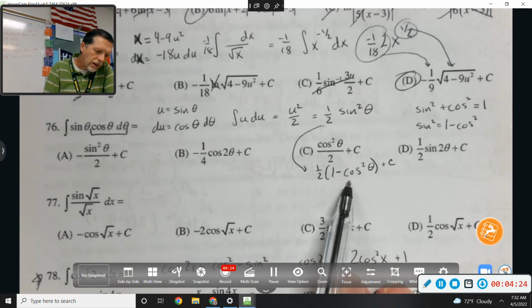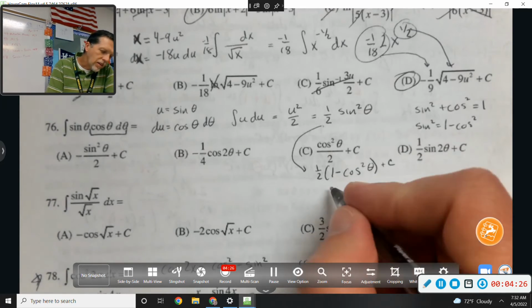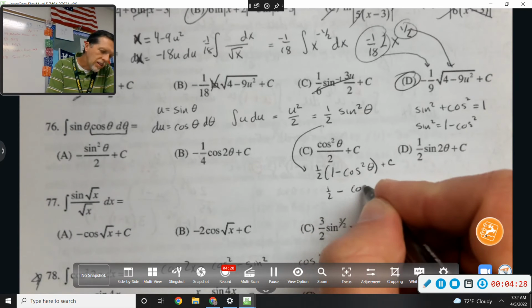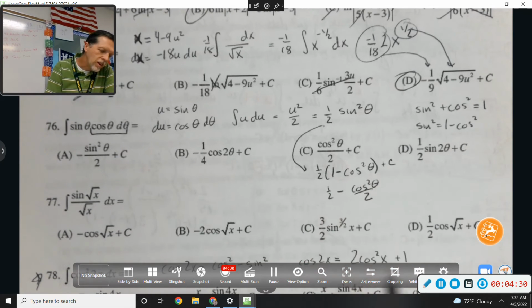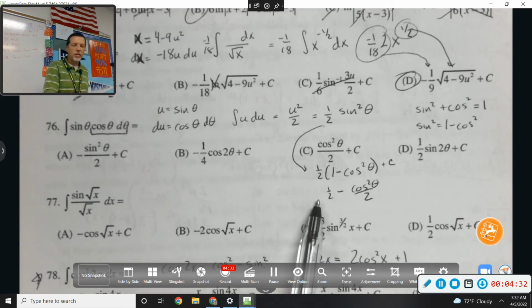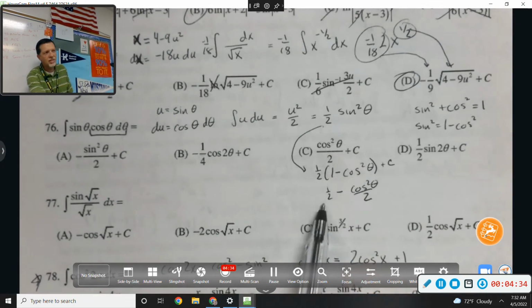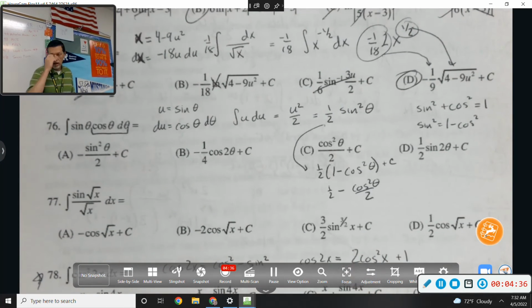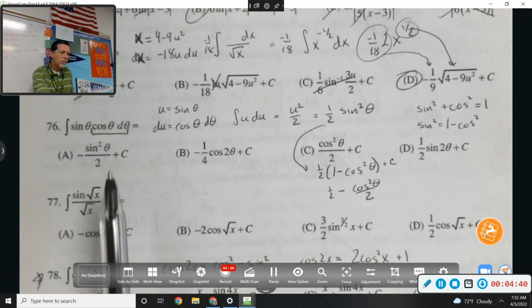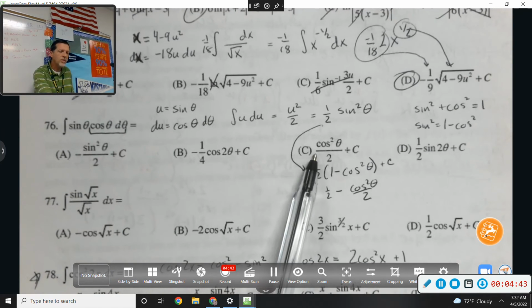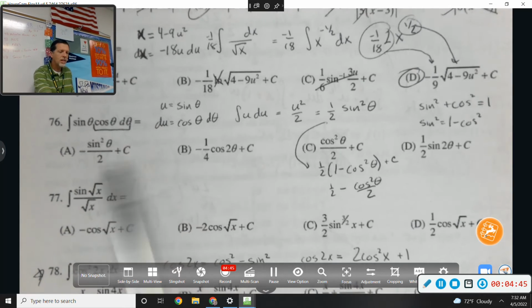This is still not working out because that would give me 1/2 minus cosine squared theta over 2. And I'm not worried about the 1/2 because that could just be absorbed in the c. C is any constant, so the 1/2 doesn't matter. So I either need it to be a positive sine squared or a negative cosine squared, and instead both of those are wrong.